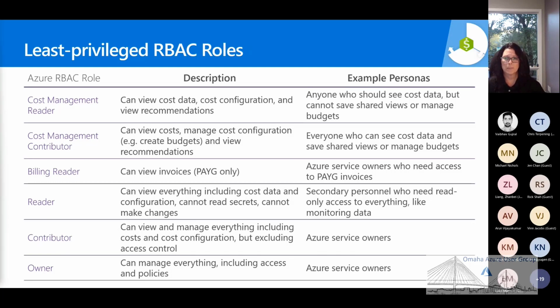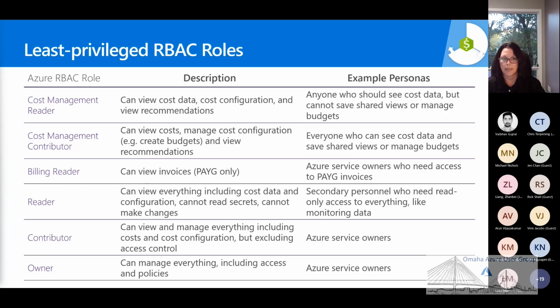And we've got the cost management contributor role, who is able to view costs, manage costs, create budgets, and view recommendations. So this is for anybody who needs to be able to see the data and save those shared views and manage budgets. And then the billing reader is maybe for somebody that needs to look at invoices, and this is for the pay-as-you-go subscriptions.